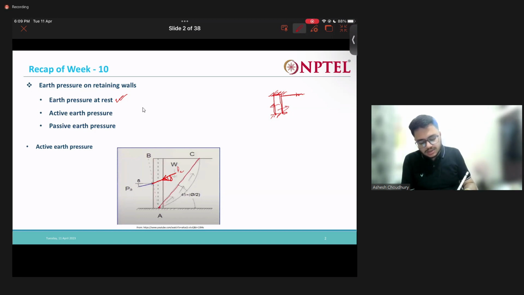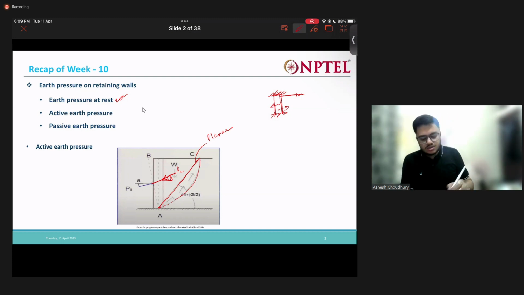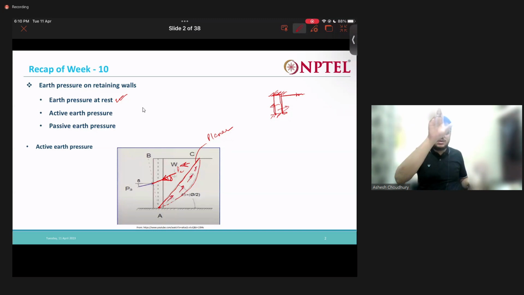It is generally idealized as a planar failure surface, but the actual failure surface is a curved one. This soil will push the wall in this direction, due to which shear resistance will develop. The soil will try to come down, so some shear resistance will develop at the interface.